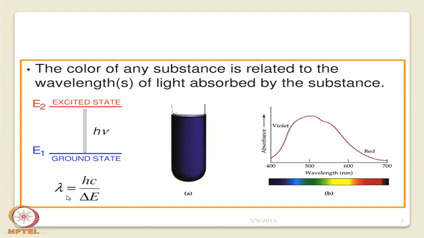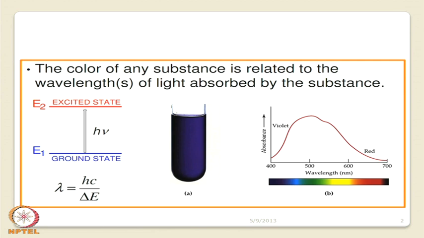We can calculate the corresponding energy gap, E1 minus E2, as delta E, and that energy gap corresponds to an h nu value, and hc can be used to calculate the lambda value for the corresponding absorption. So, we should have some idea about the gap between the ground state and the excited state for the color we will be getting for a corresponding compound in solution.